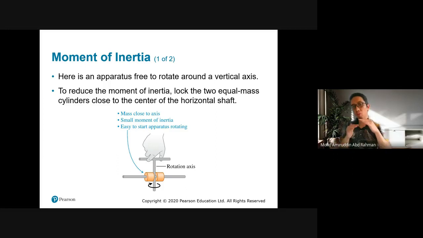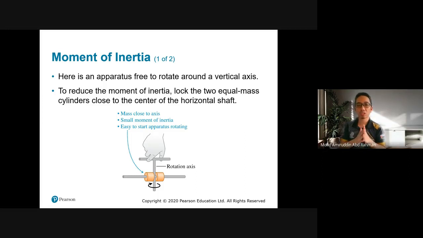So we have a moment of inertia before it moves. Maybe you can consider that like a friction that hesitates to start moving the object. So that's basically the inertia. Okay, so we want to reduce that.